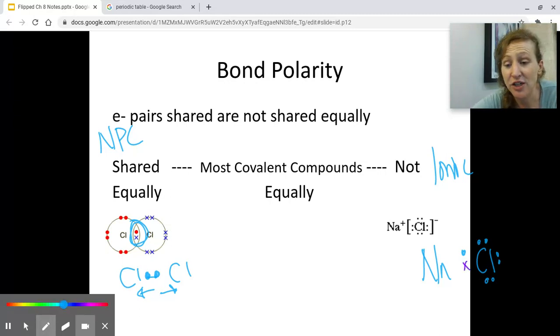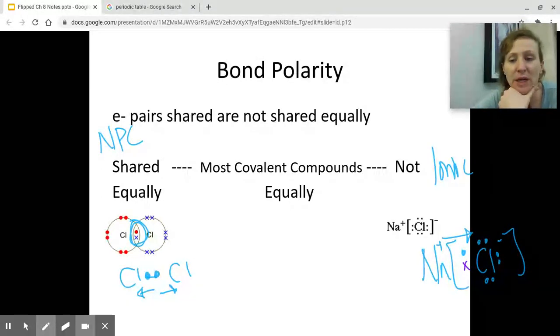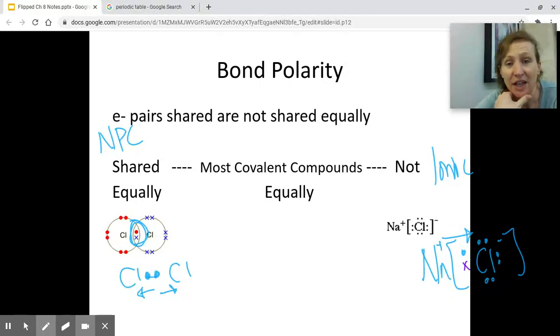Those electrons are definitely not shared equally. They actually get taken by chlorine and removed from sodium. It's the opposite of the chlorine molecule, which perfectly shares them. And it's because of electronegativity differences.